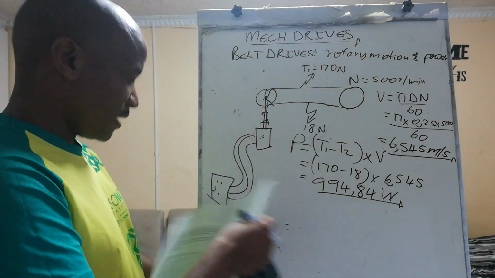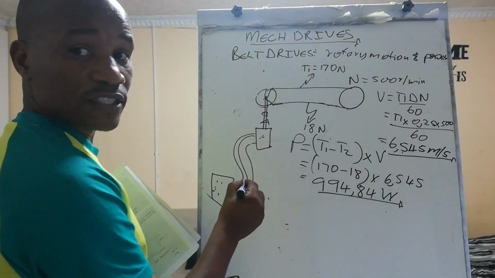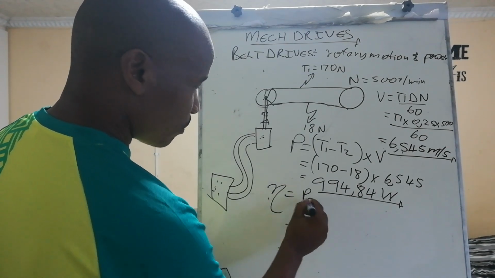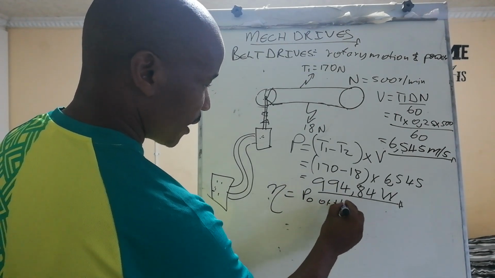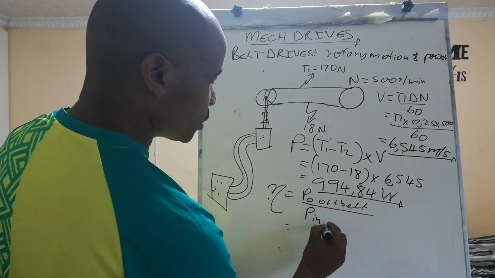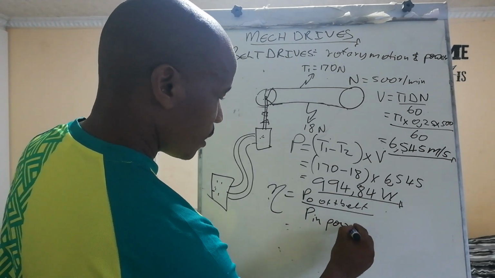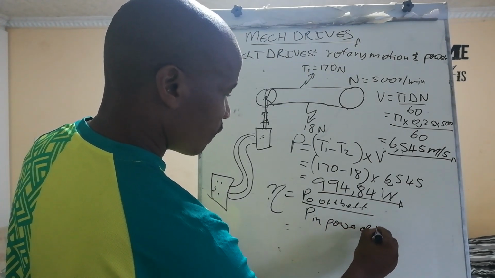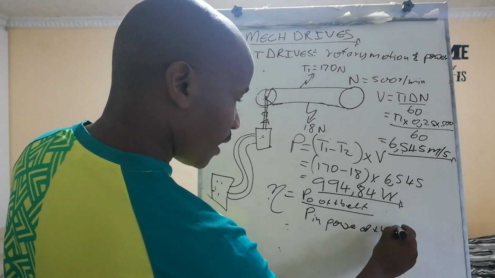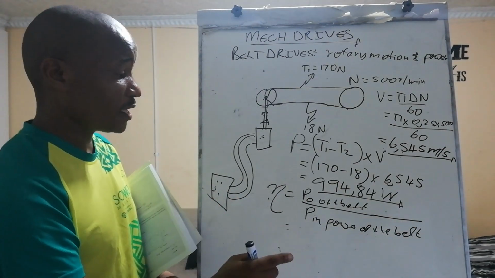You are given the efficiency of the belt. Look, efficiency is equal to the output power of the belt divided by the input power of the belt. This is very crucial, guys. There's always a catch.